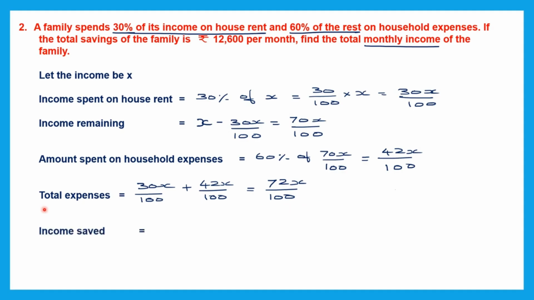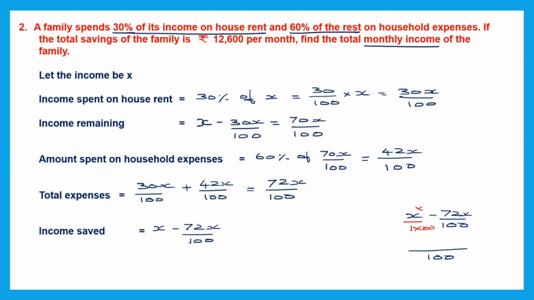So the income saved will be the original income minus the expenses. So that is x minus 72x by 100. So this also let's calculate. So here also let's give this the denominator 1, and now our LCM is 100. So for the first fraction, 1 into 100.